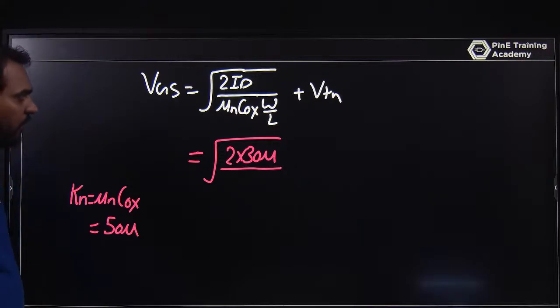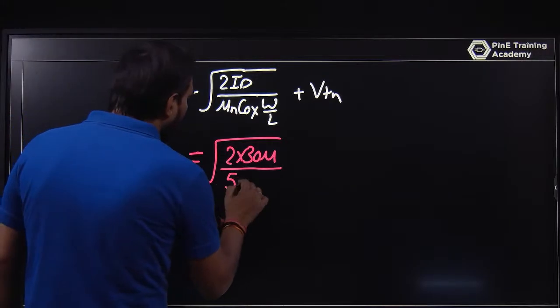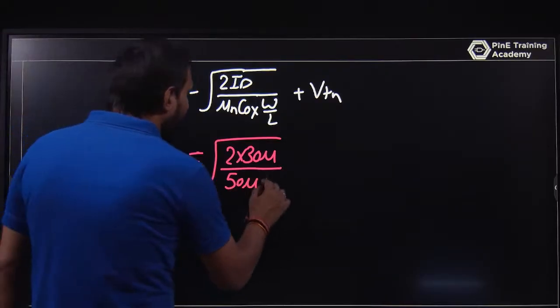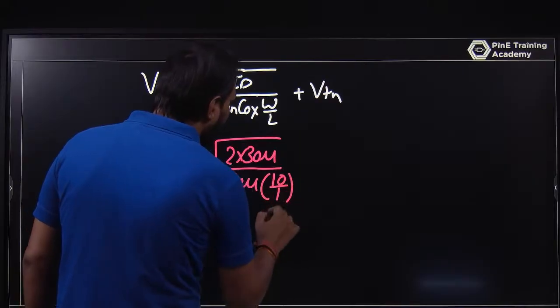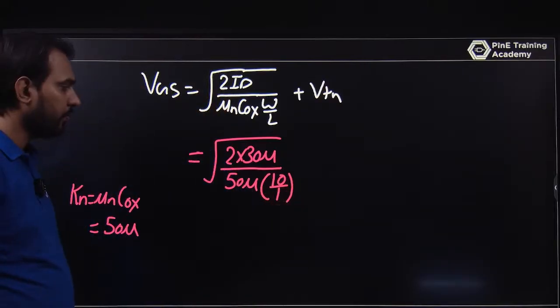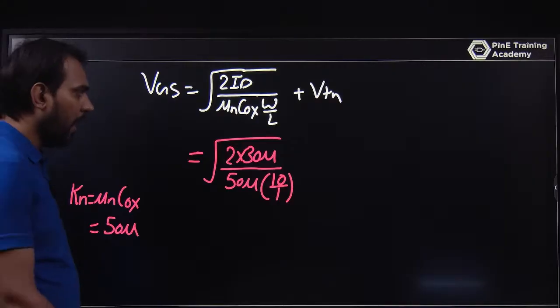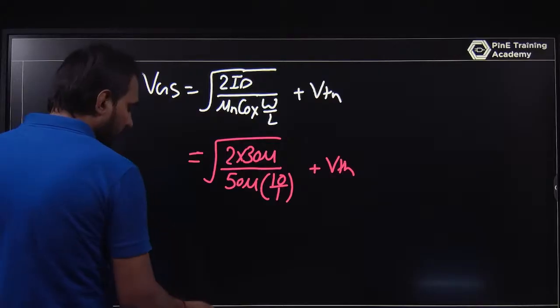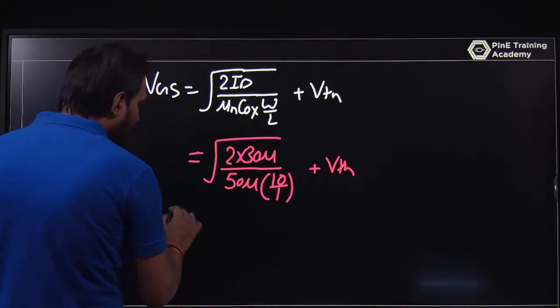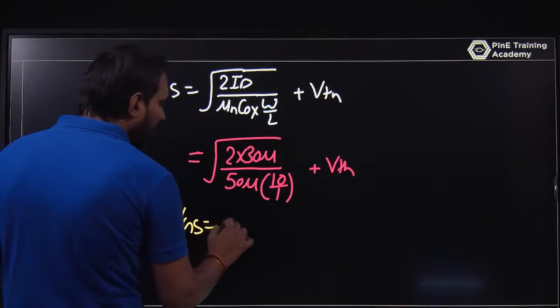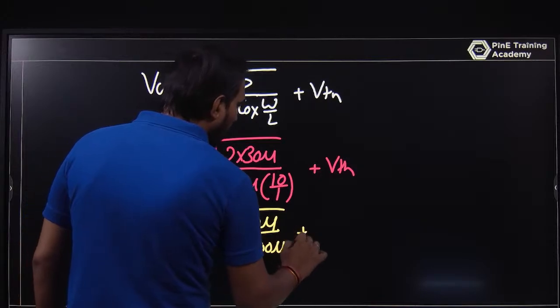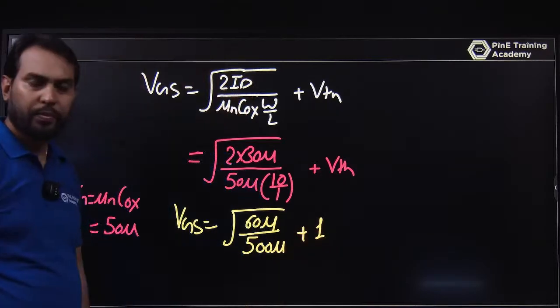So put it here, 50 micro, and W by L is 10 micro by 1 micro, and this is plus VTH, and VTH is equal to 1 volt. So on the basis of that, you can calculate VGS. This is 60 micro upon 500 micro, plus threshold voltage 1.